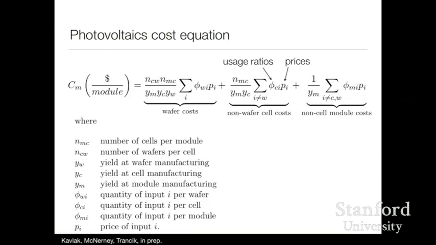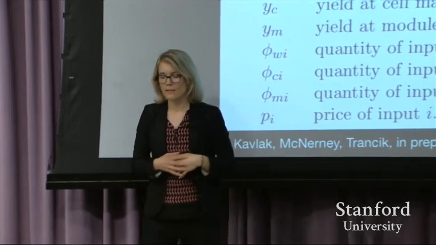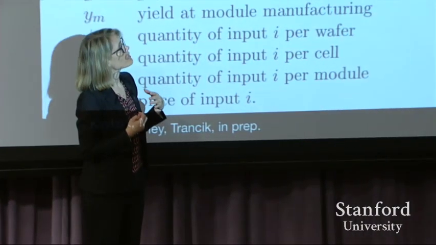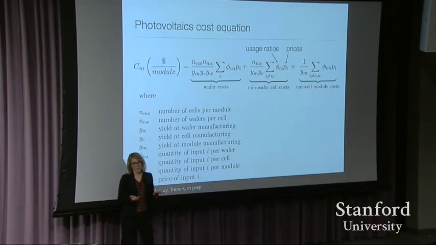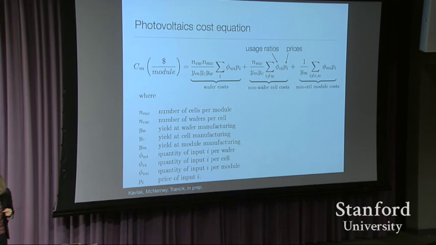But the key point here is that this technology, really any technology, can be broken down into a combination of prices of raw material inputs, and that can be labor, physical materials and so forth, and usage ratios. And oftentimes our efforts to improve technologies focus either on substitution, thereby changing prices, or on improving usage ratios, so using less raw material to provide the same output.